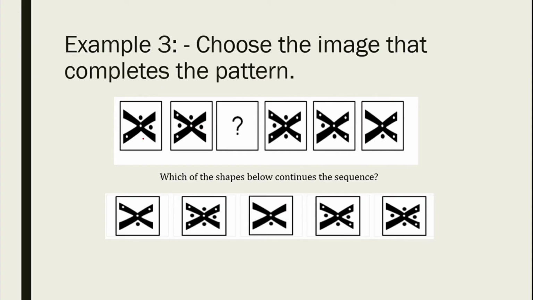In the first figure, the dot is moving in a counterclockwise direction, because there is one dot here and in the second figure, a dot is added in a counterclockwise direction. If we reflect about the white dot, we could say that the dot is moving in a clockwise direction. Dot here, dot, and dot.